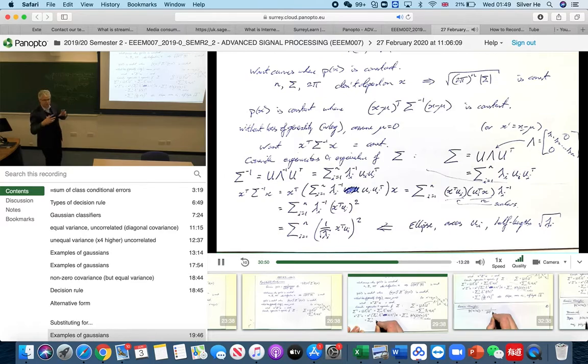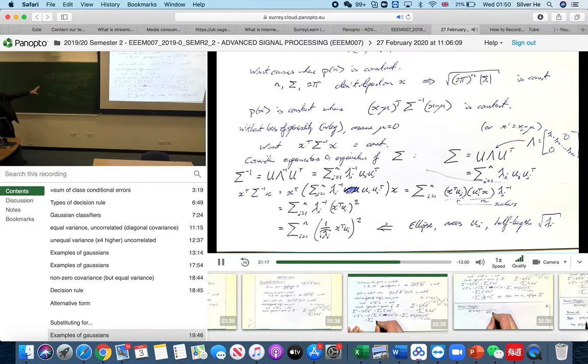So this tells us where those ellipse shapes come from. These equal probability curves are ellipses for a normal distribution or a Gaussian distribution. And if you go back to the slides, you can see those ellipse shapes come out.